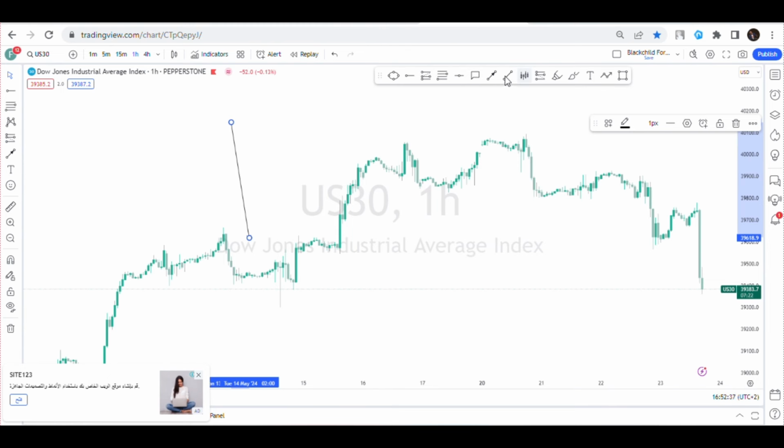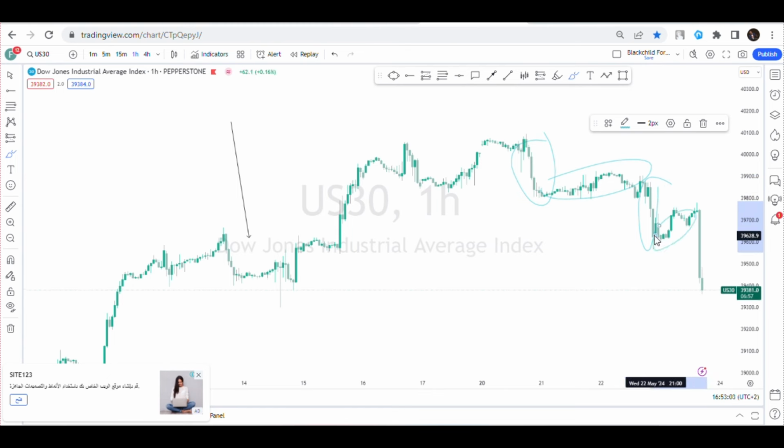So right now the market is right here. That's an impulse, and after that the market does this. That's a correction, and then the market does this. That's an impulse, and then the market does this.